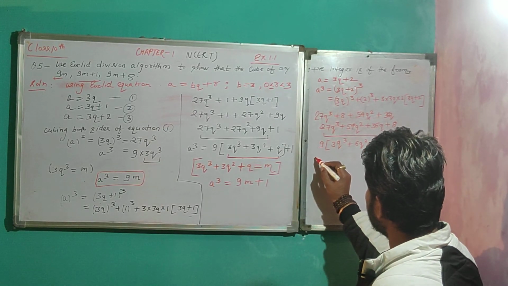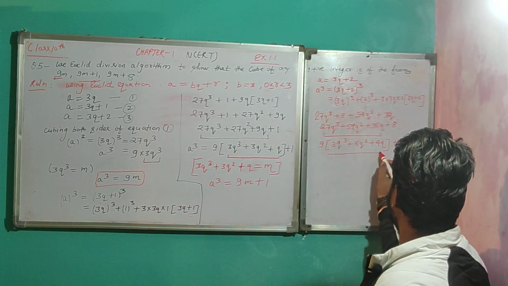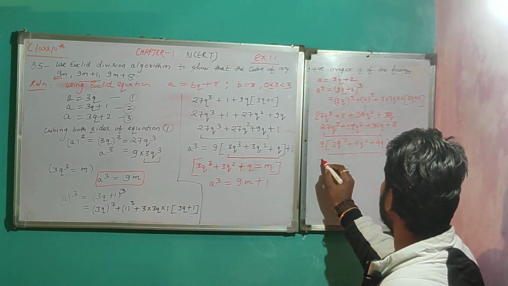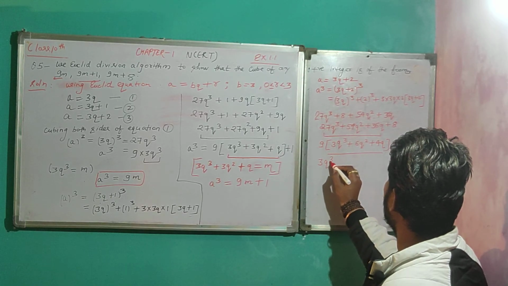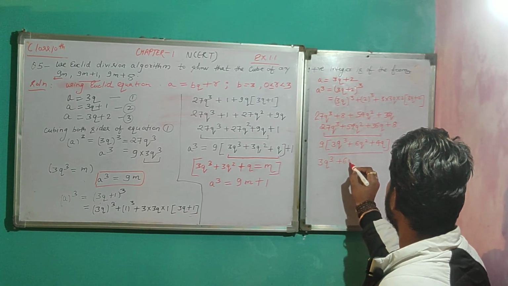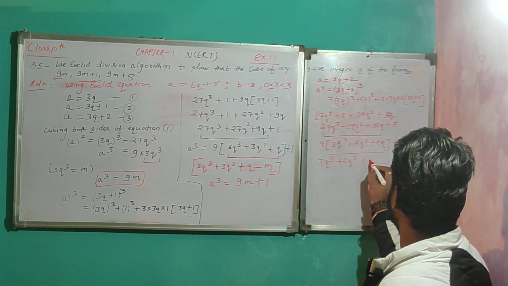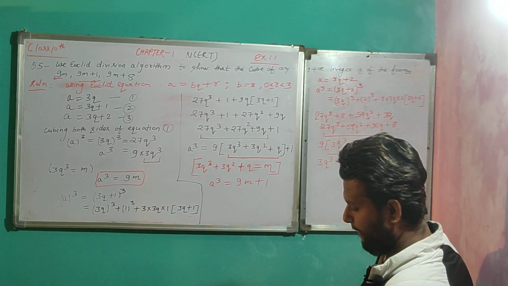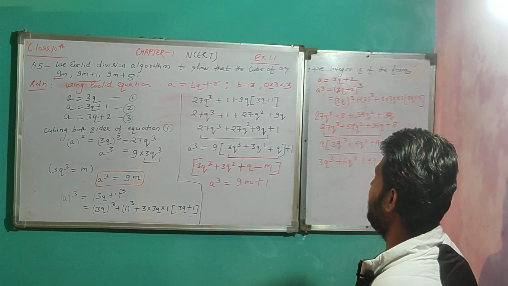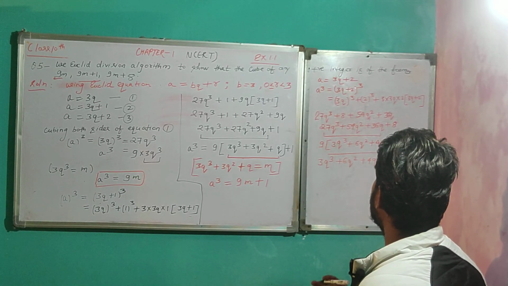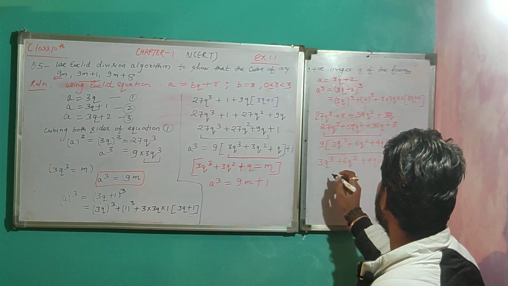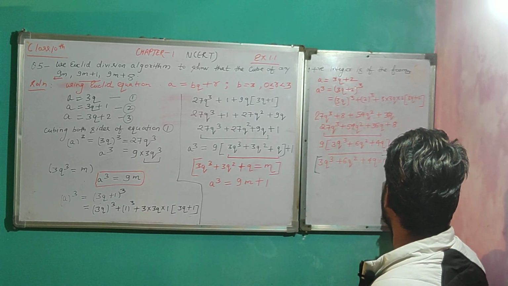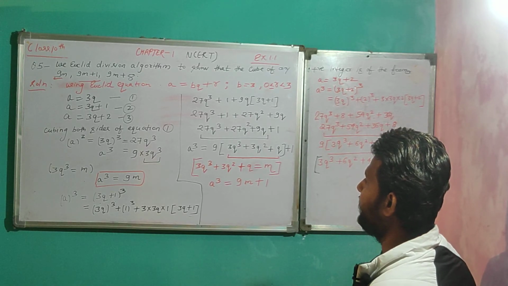Now, assuming 3q cube plus 6q square plus 4q is equal to m.